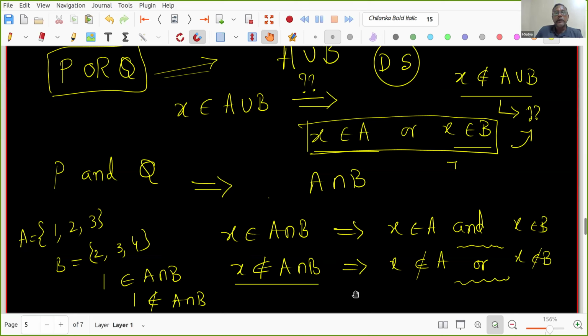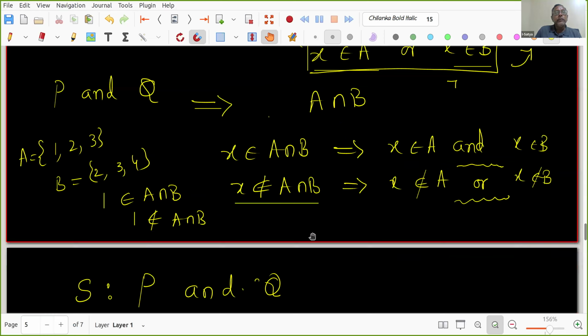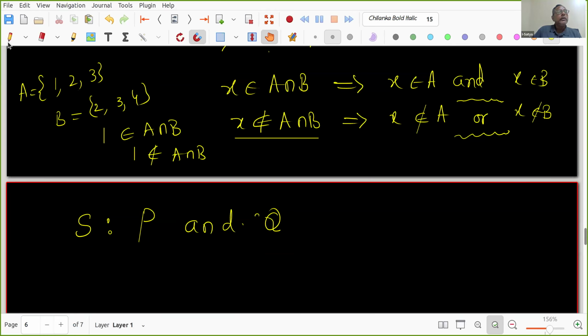Right. So P and Q. P and Q is true if both P is true and Q is true, right? Somebody can tell me what is the negation of this. Suppose this is false. Otherwise also, simply, what is the negation of the statement P and Q?